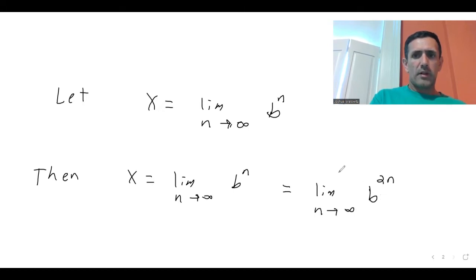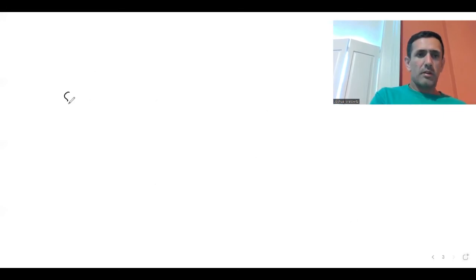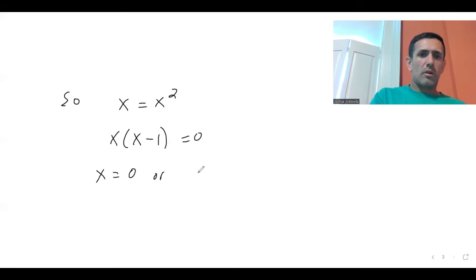That's a perfectly fine subsequence. This is really b^n, the whole thing squared, so by the limit laws this is x squared. So x is x squared. That's the same thing as saying x squared minus x is 0, so x is 0 or x equals 1.